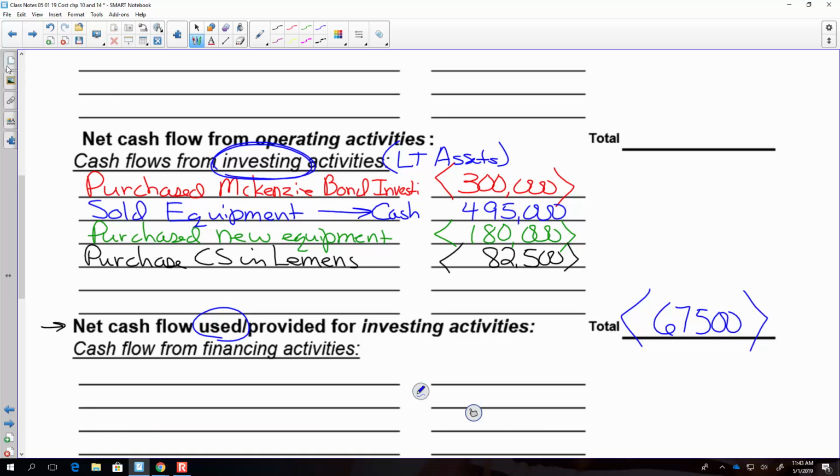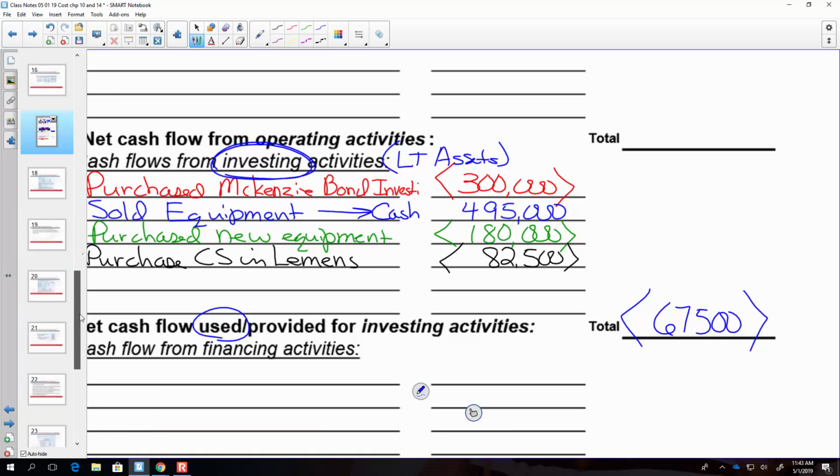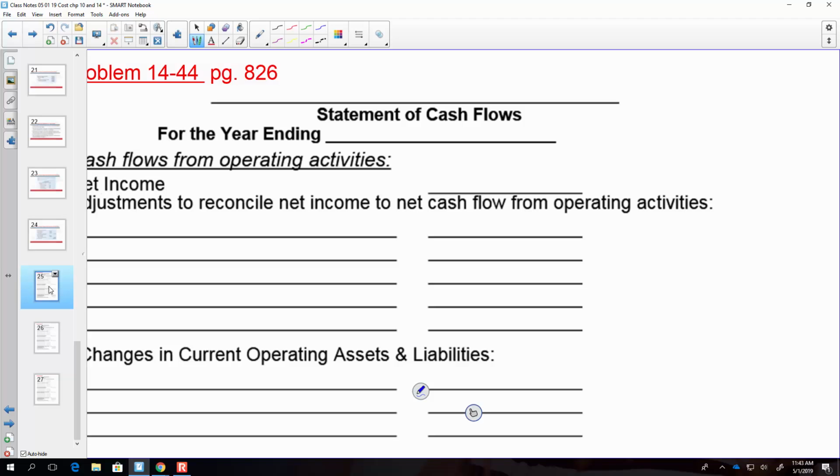Okay, let's look at another problem here. Problem 44 is our next one. Here's a full-blown one. Two balance sheets, 2001 and 2002, and we also have to look at the previous page.